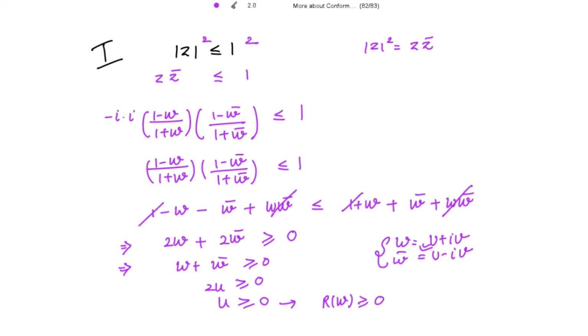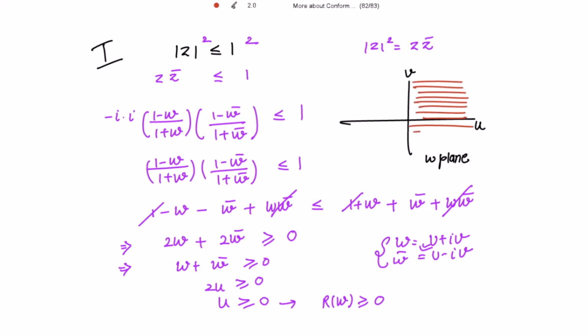So the interior of the circle mod z equal to 1 is transformed into the real part of w greater than or equal to 0, which means u is positive. And where is u positive? In this part and also in this lower part. Thus, the interior of the circle is transformed into the right half of the w plane, right?